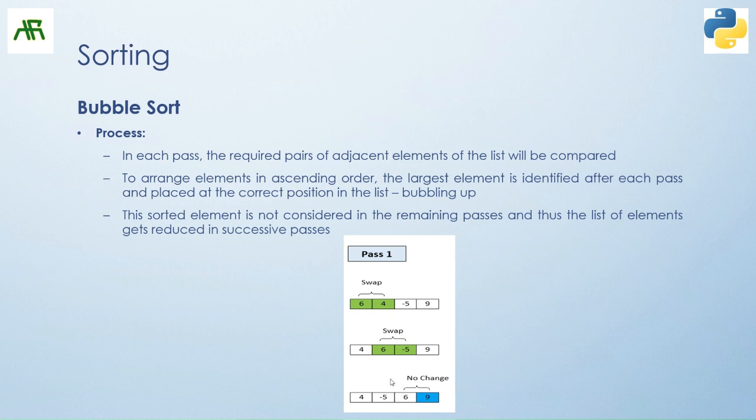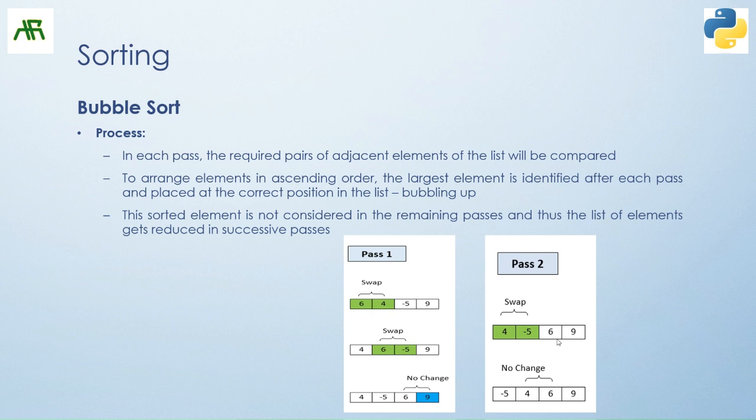There is no going back to 4 again, because the comparison moved on to the next set of elements. In pass 2, these two are addressed, 4 and minus 5. 4 comes after minus 5 after the swap, and the rest of them are in order already, so there is no further change. So the final sort is minus 5, 4, 6, and 9.